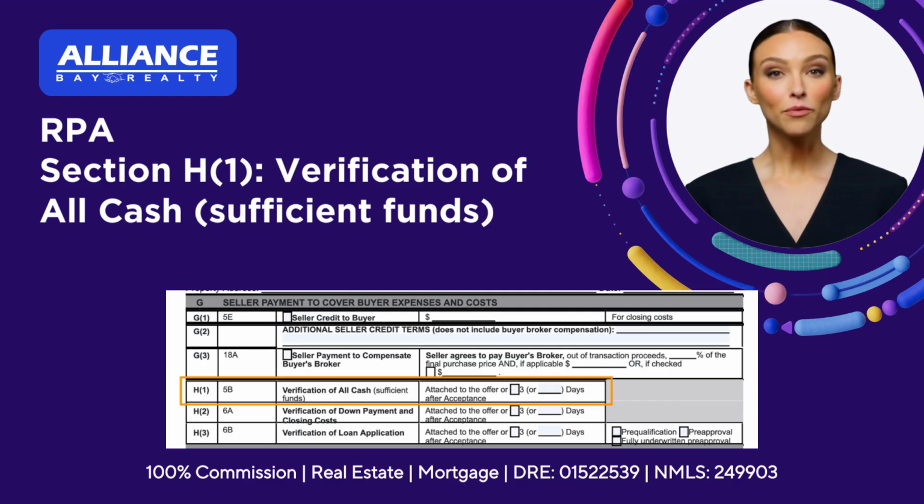Acceptable docs: recent bank/credit union statements, verification letter from a financial institution, escrow/1031 statements, or proof of liquid investment accounts. Redact account numbers, but keep the buyer's name and balance visible. Remember, if it's not an all-cash offer, you'll usually rely on H2 for down payment/closing cost funds instead.